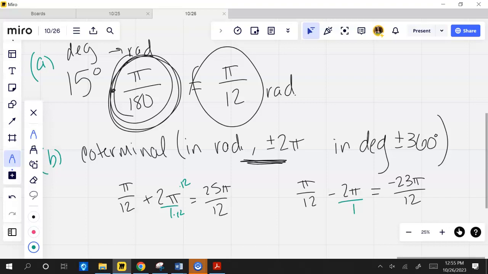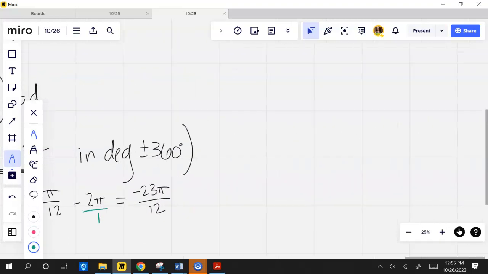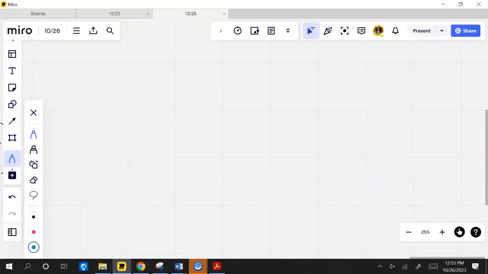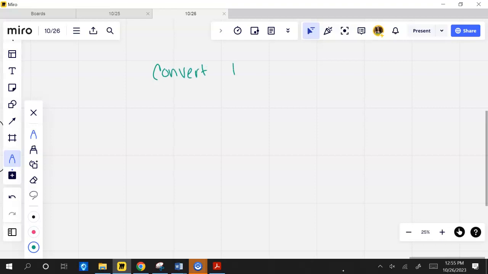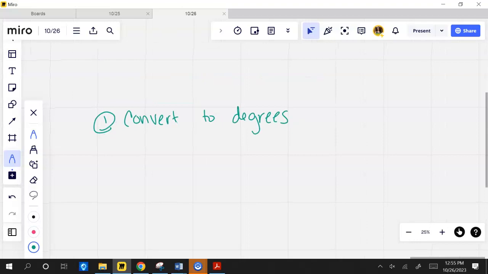Can I work on the board? What about the in degrees part? We don't have to do that. I think y'all are making things very complicated. You can butterfly that.